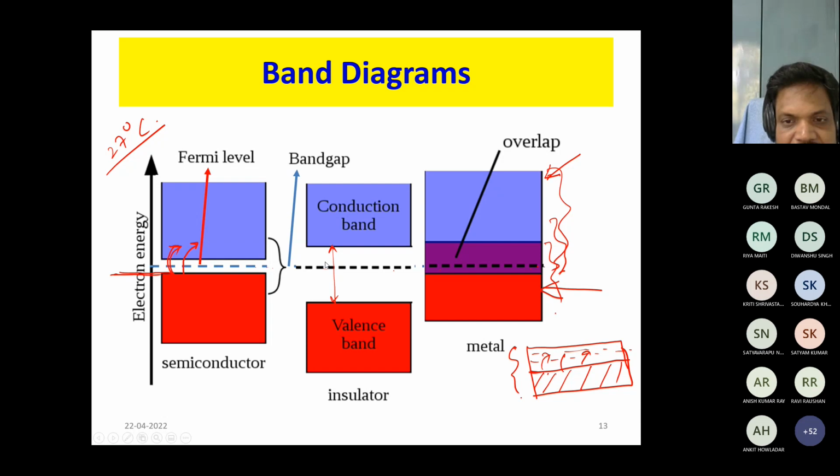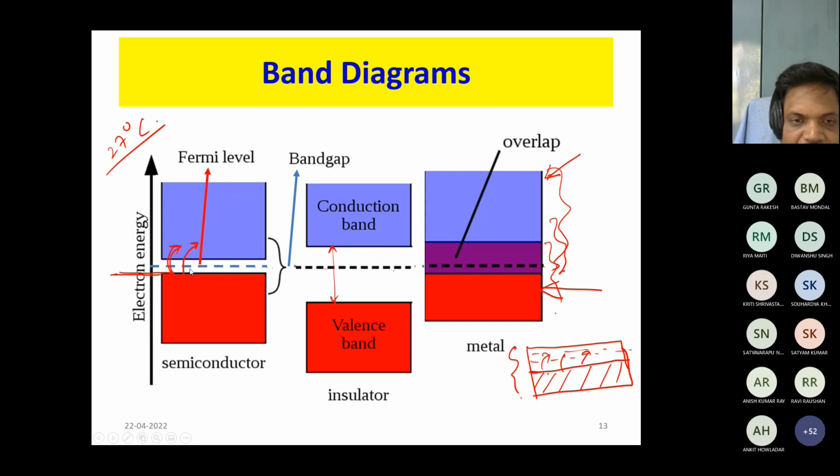Are you getting it? Just like for the case of metal. As you can see, for the metal, it is within the allowable energy states, and this defines that all these allowable energy states at this Fermi energy level are 50% filled by the electron. Whereas if it is not allowable, there is no electron.